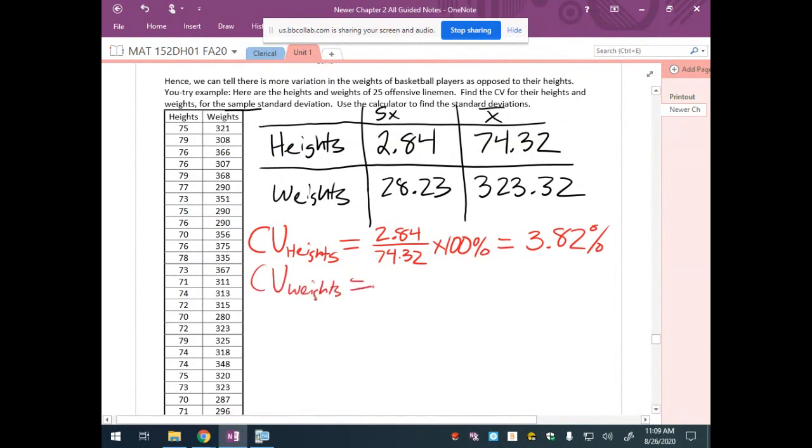And for the weights, we get 28.23 over 323.32 times 100%.